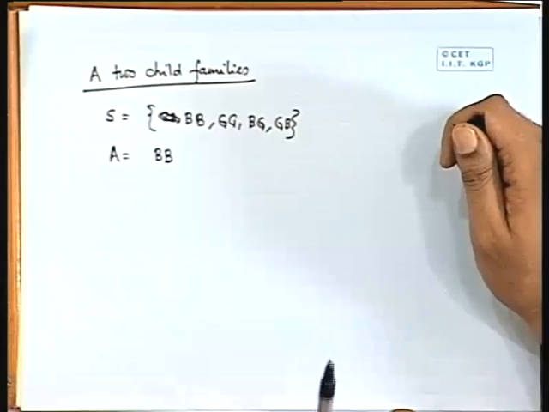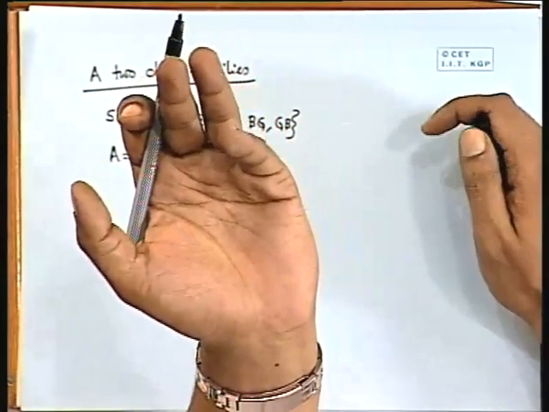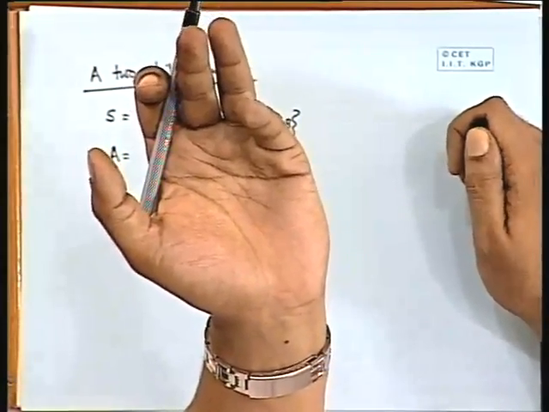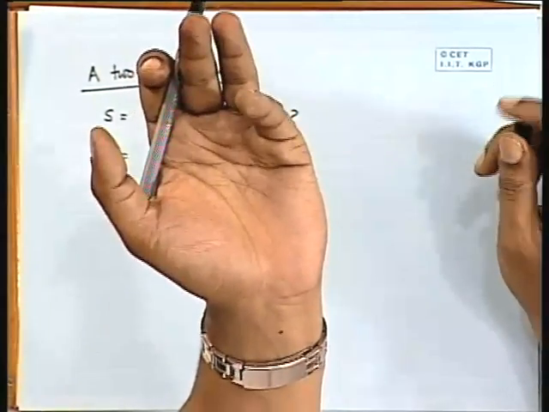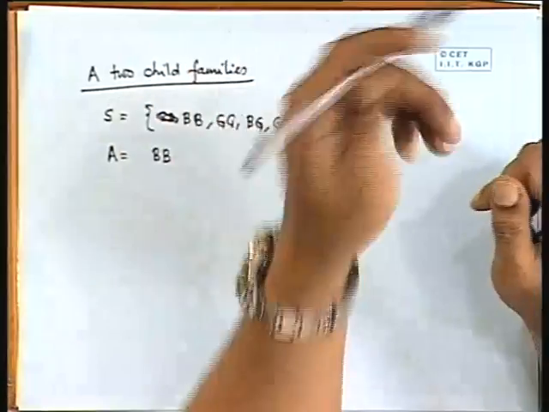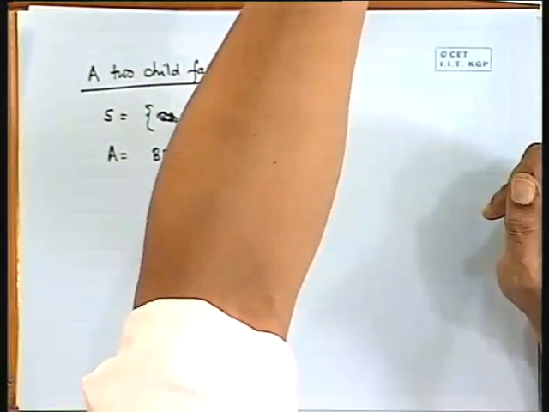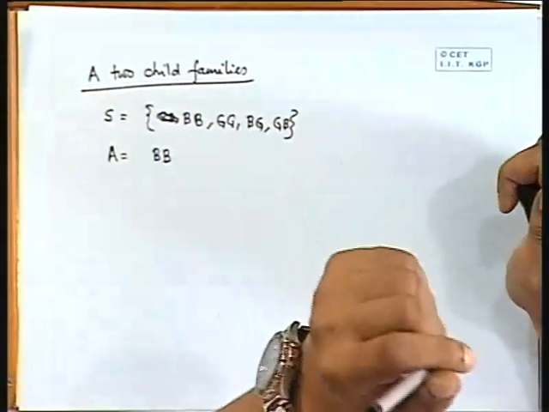Why is he saying 1/4? Have we yet made any probability assignment from the set of events to the real line? We have not yet made. So when he says 1/4, he is actually making an assumption that the probability of a boy or a girl being born is the same, and they are independent events.